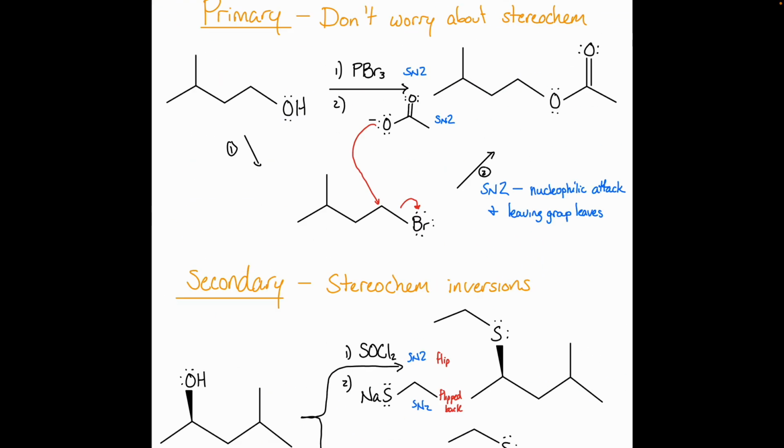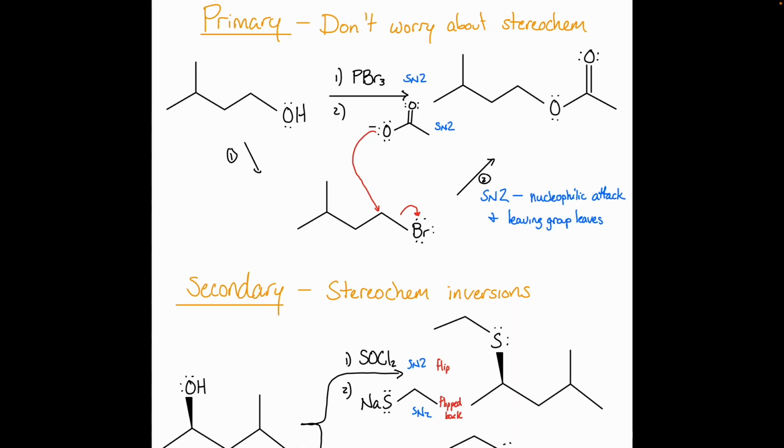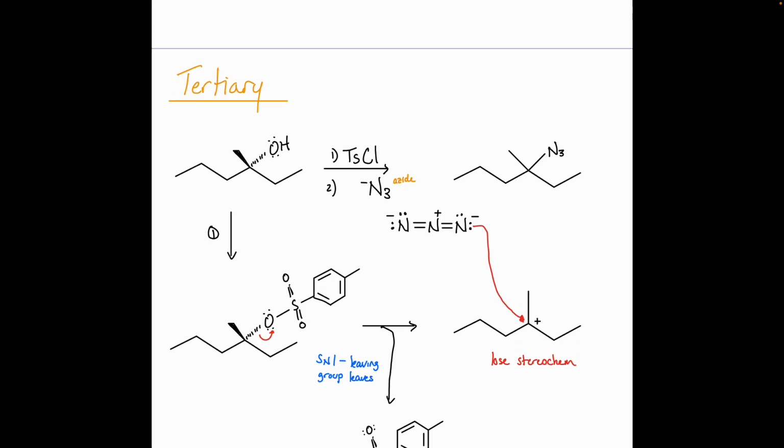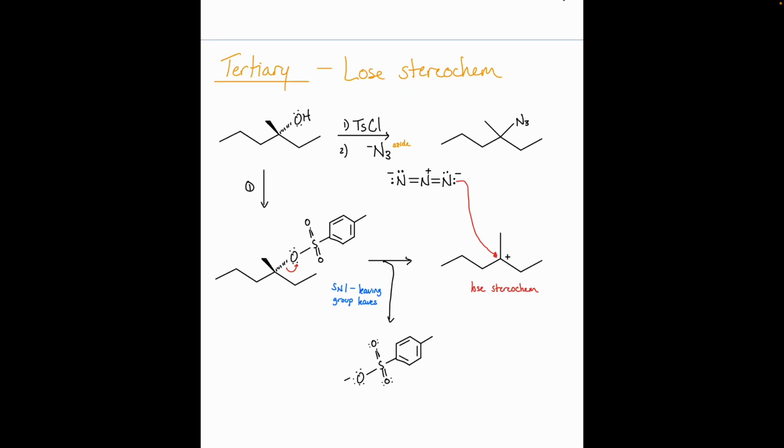All right, so with primary alcohols, we didn't have to worry about stereochemistry. With secondary alcohols, we had that stereochemical inversion. For tertiary alcohols, we lose our stereochemistry. Because of that carbocation intermediate that forms as a result of that SN1 mechanism, we lose our stereochemistry in these reactions.